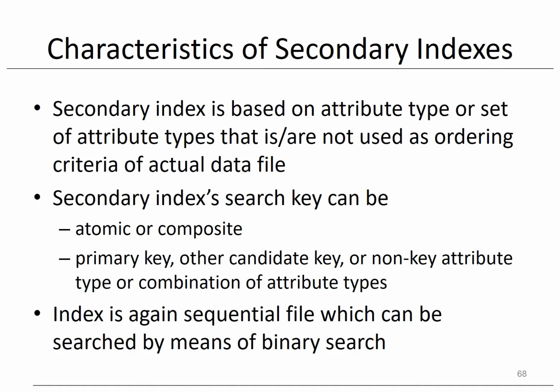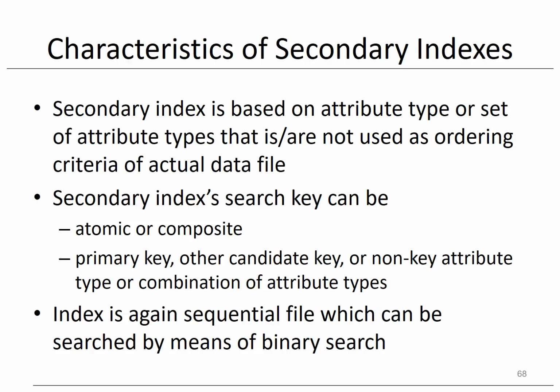In contrast to a primary index or a clustered index, a secondary index is based on an attribute type or set of attribute types that is or are not used as ordering criteria of the actual data file. There can only be a single primary or clustered index for a data file, but in addition, there can be several secondary indexes.